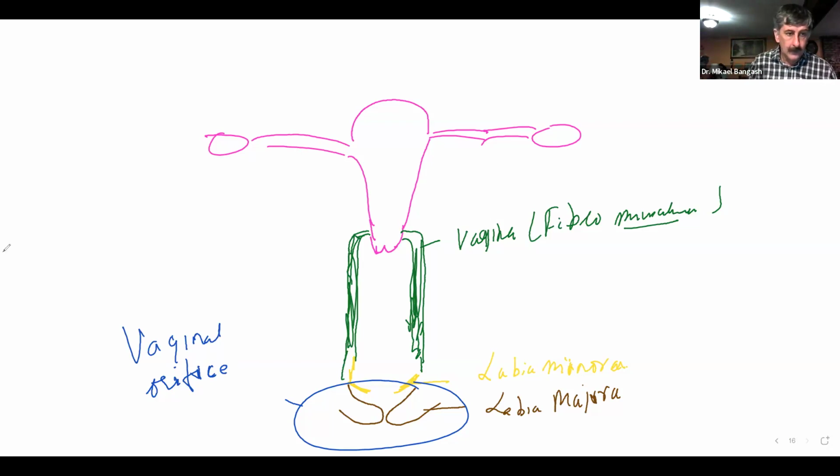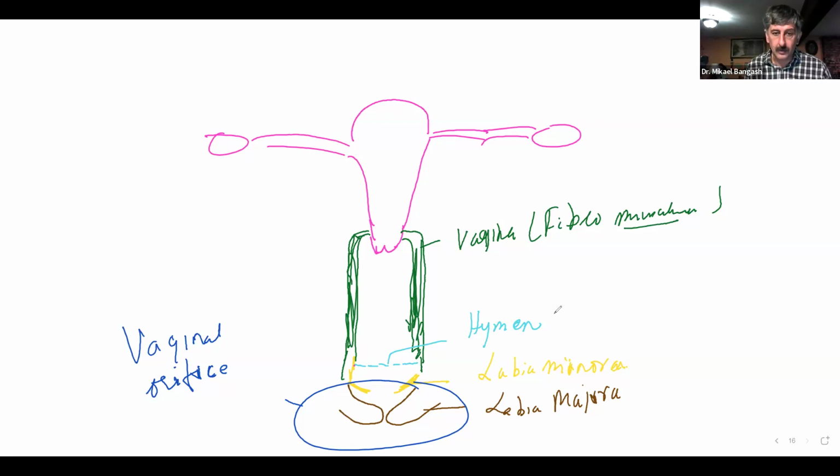Now, let's not use this color. Here there is going to be a thin membrane called the hymen.